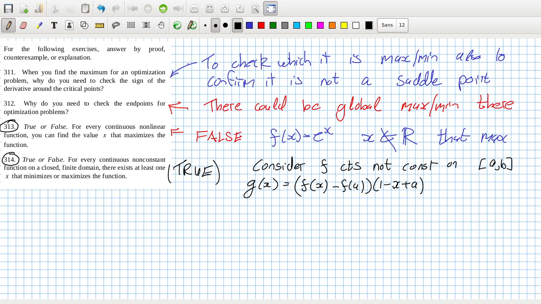So that means when x is a, we'll get 0. And then plus f(x) minus f(b), times 1 minus x plus b.